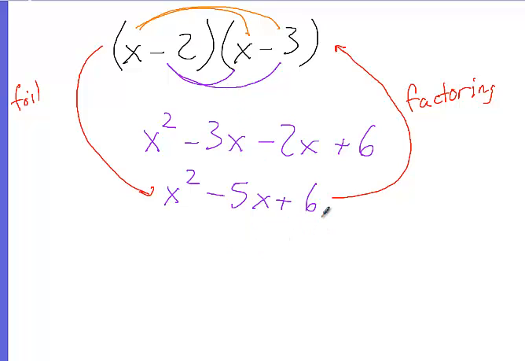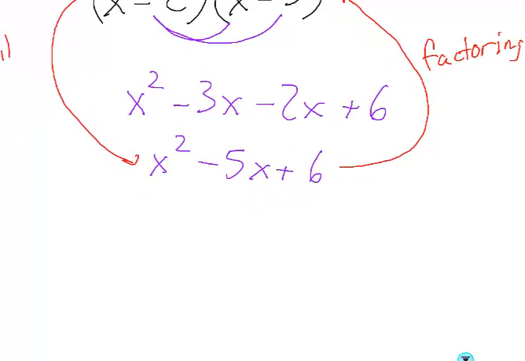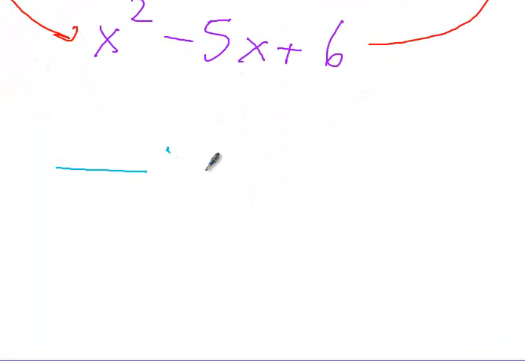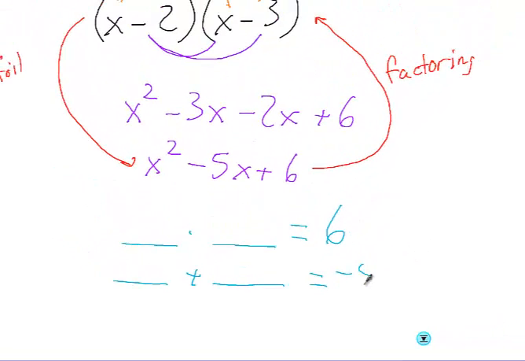The last term, which is c, we need to find something that deals with this, and then our middle term, which is b, but that's only if a is 1. Basically, we want to get from the standard form back to factored form. The trick here is you need to find two numbers that multiply to c, so two numbers that multiply to 6 that also add up to negative 5.